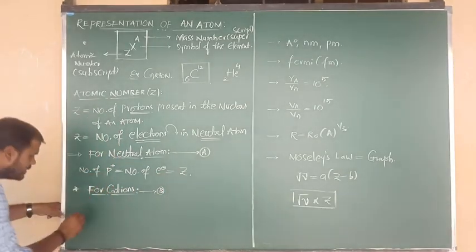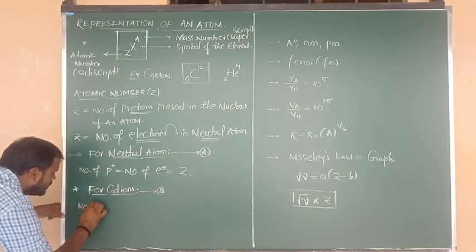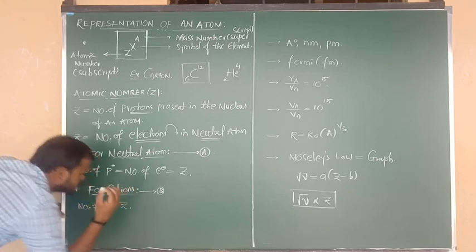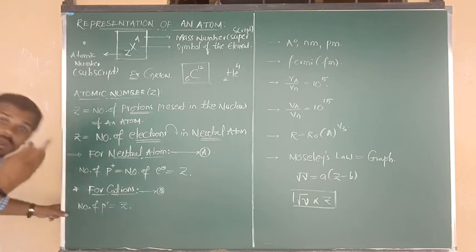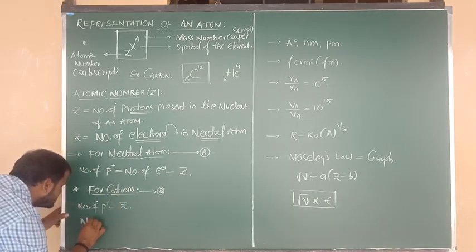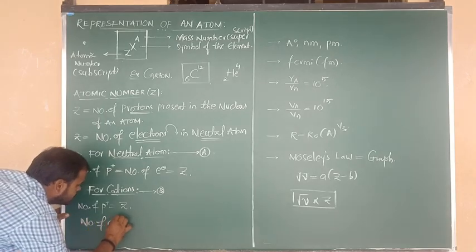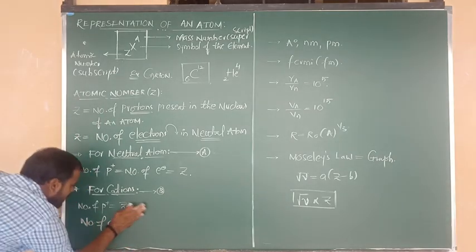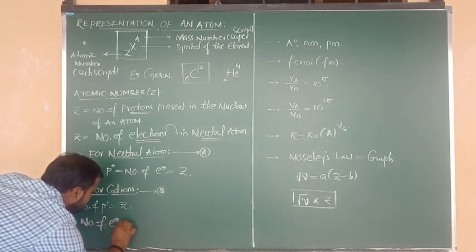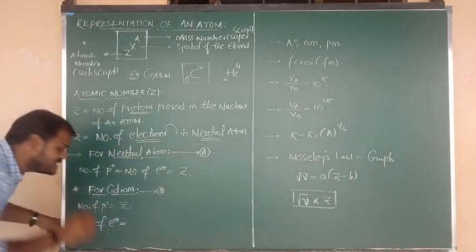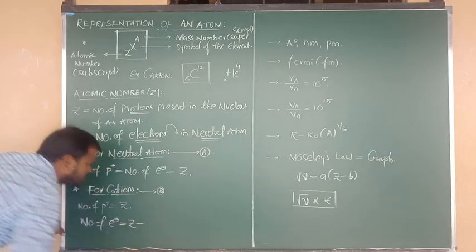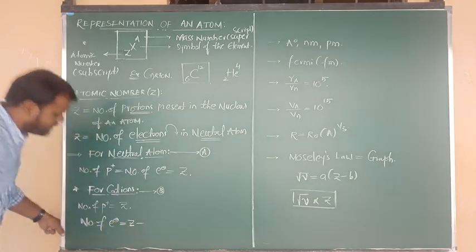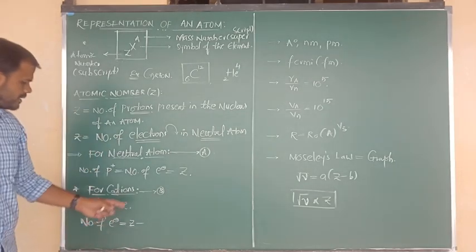For cations, we have to remember that the number of protons equals Z. And what about electrons? The number of electrons, number of E minus, equals atomic number Z minus something.